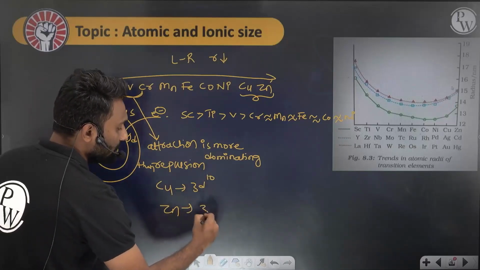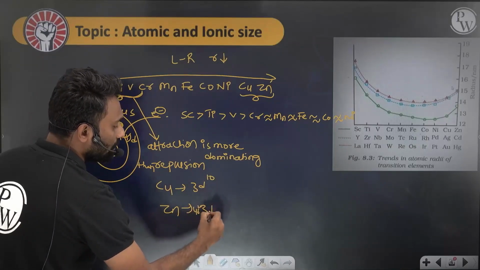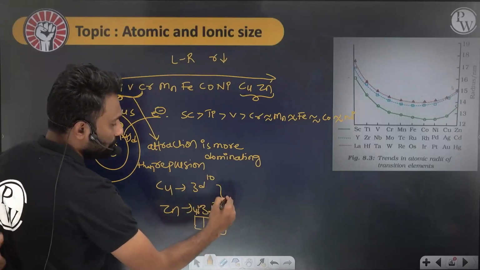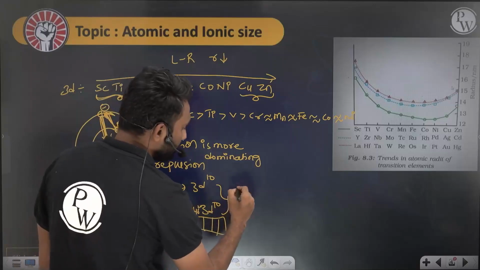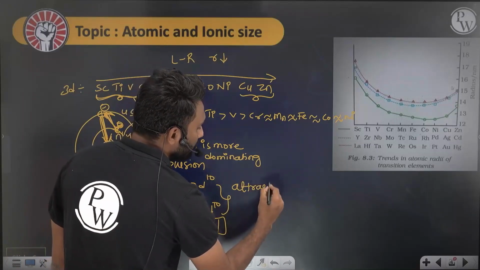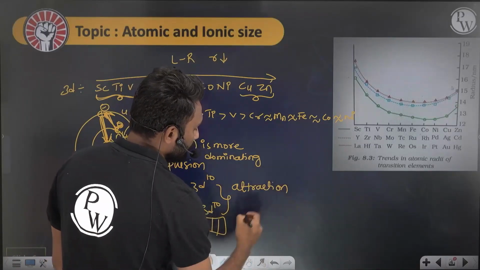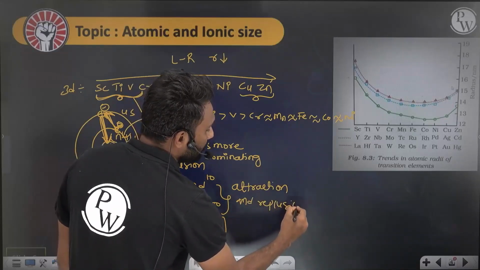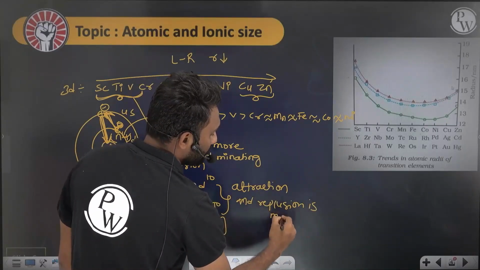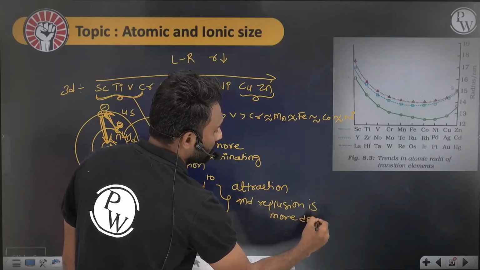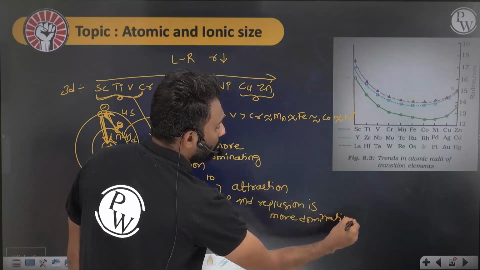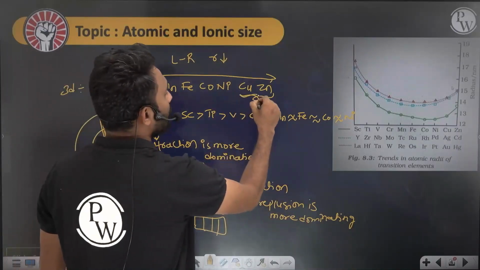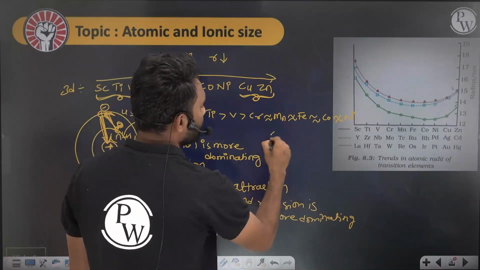Idralli it is also having the stable electronic configuration ಅಲ್ಲ. Due to the presence of stable electronic configuration, repulsion is more dominating ಅಲ್ಲ. ಅದಕ್ಕೋಸ್ಕರನೇ copper and zinc are having the more size.